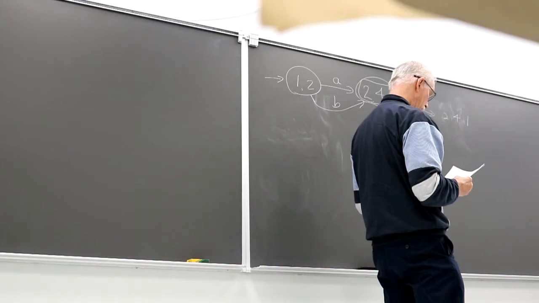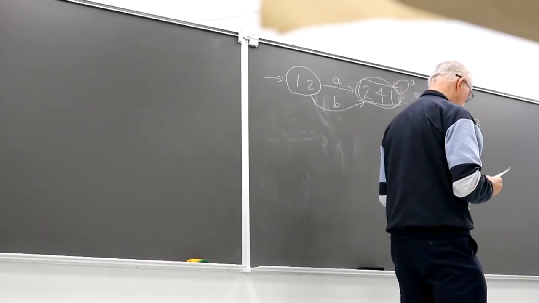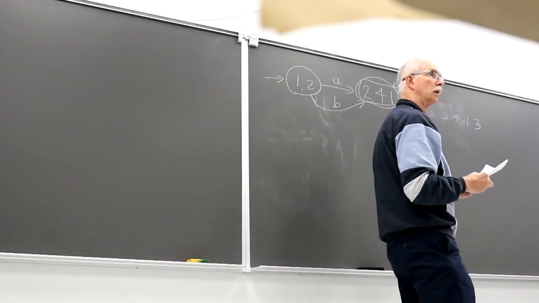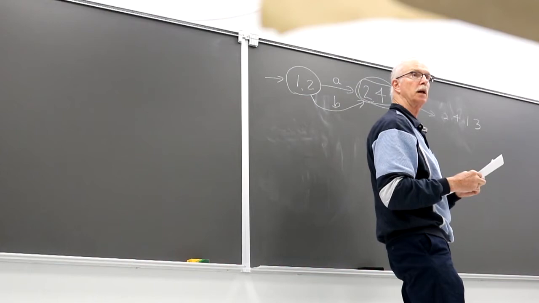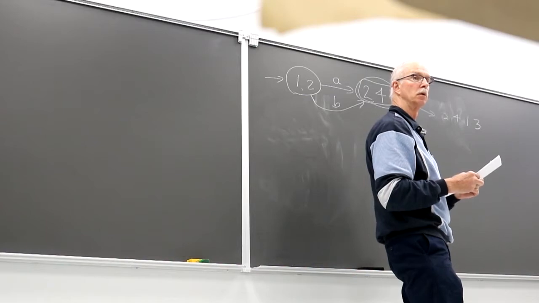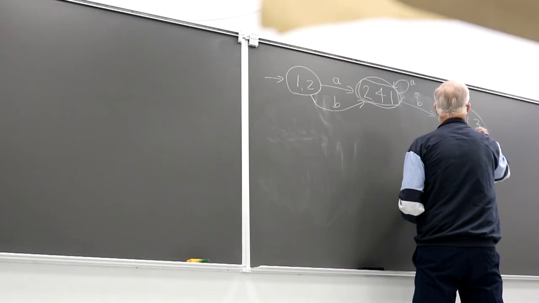All right, 4 on B goes to 3. 3 goes to 4 on empty. 4 goes to 1 on empty. I'd add 4 and 1 to the state name if it wasn't already there. Good? And so this has got another number, so this is a new state.